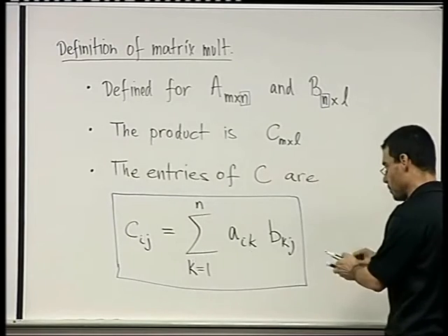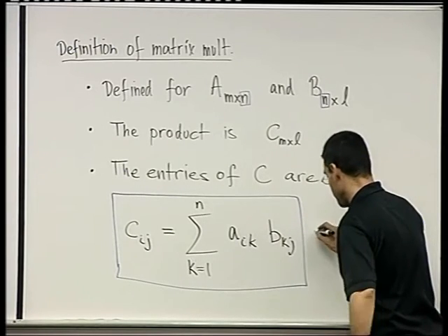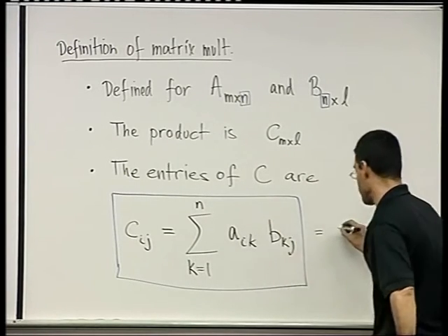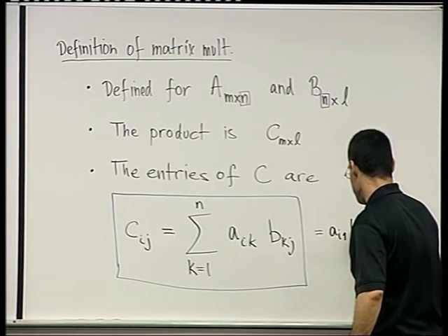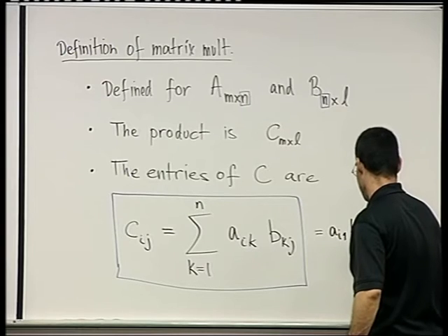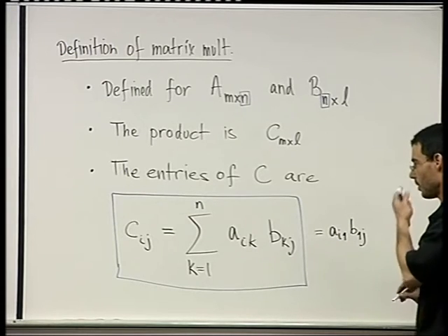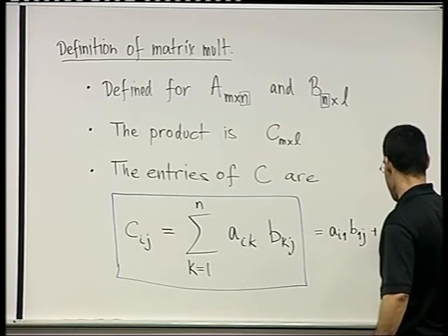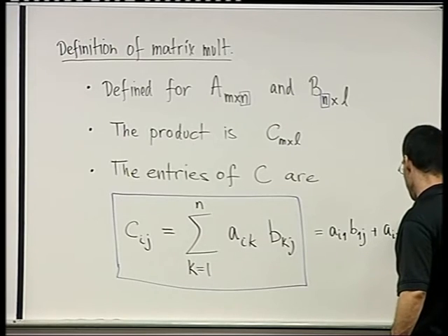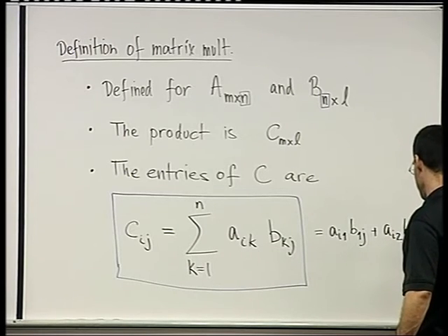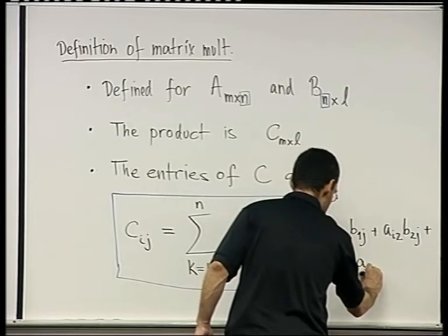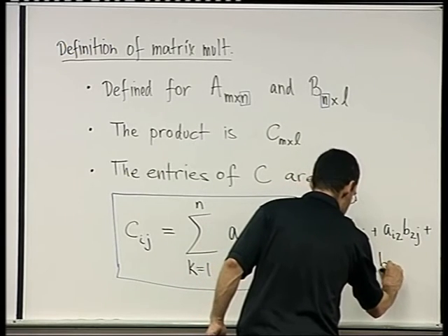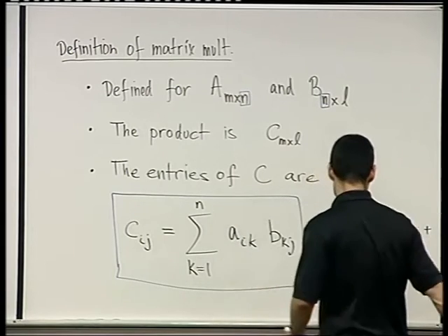So this is just summation notation for writing a_i1 times b_1j, plus a_i2 times b_2j, plus dot, dot, dot, all the way up to a_in times b_nj.